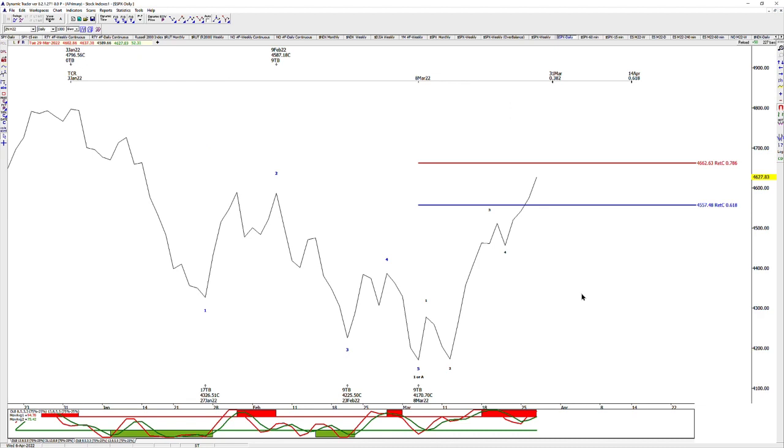So all of my focus in the days ahead is going to be focusing on identifying if the SPX gets in a position to complete a correction. And notice my language again.